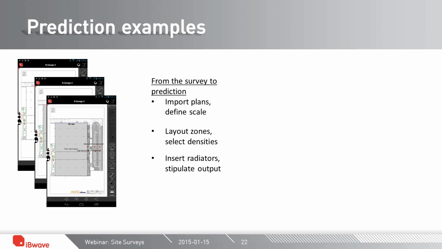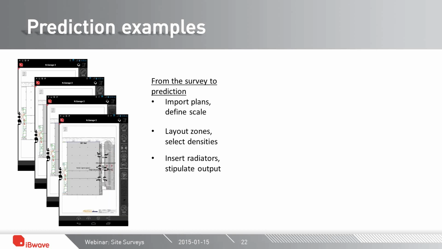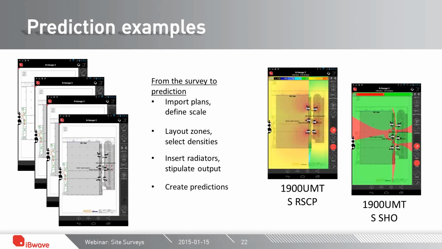We can insert our radiators on there, and then we can create a series of predictions. In this case, we've created a RSCP and a handover sort of prediction. The designation within the product right now, you can see these radiators are shown as small cell. We've used it for that sort of product. We've also used it to indicate a DAS radiator.